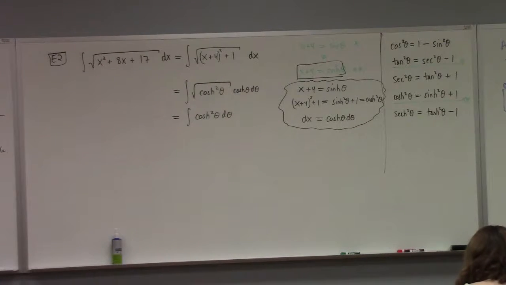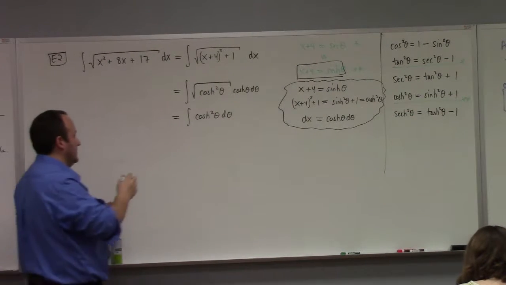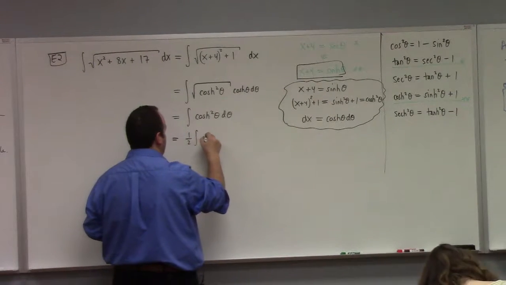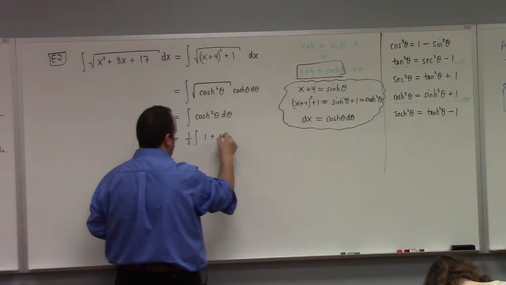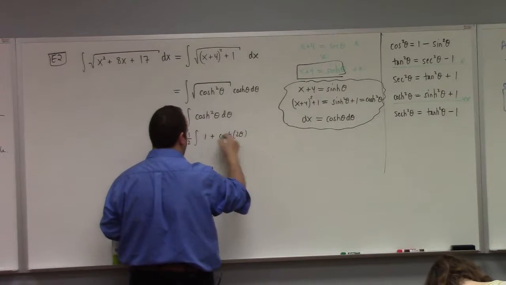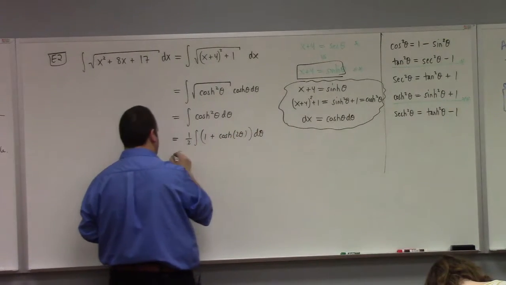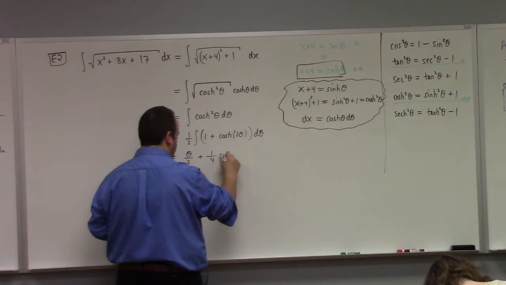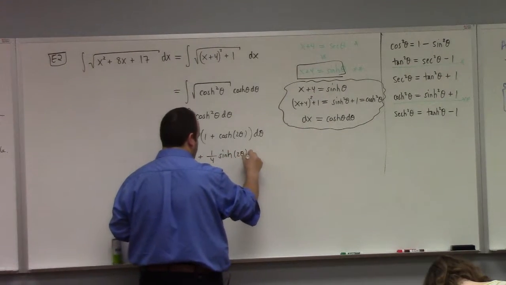So I showed you guys two different ways to integrate this thing yesterday. I'm going to say this is 1/2 the integral of 1 plus cosh of 2 theta d theta, which of course gives me theta over 2, plus 1/4 hyperbolic sinh of 2 theta plus a constant.